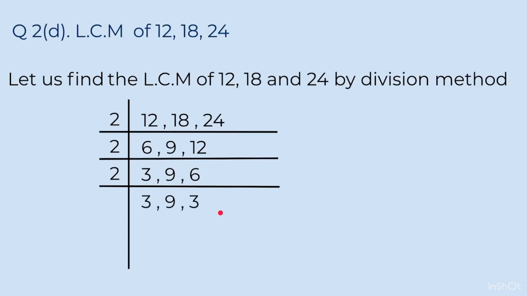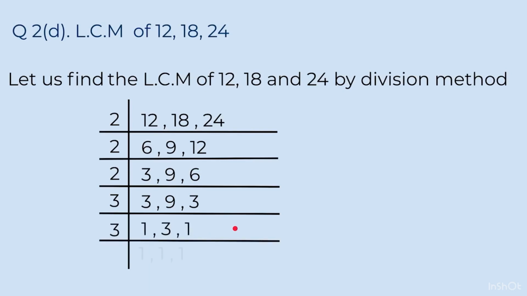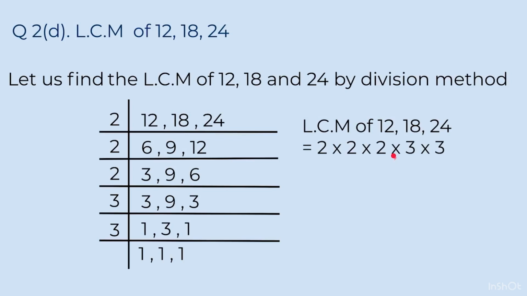Now none of them divide by 2, so we check the next prime number, 3. We get 1, 3 and 3. We again divide by 3 and now we get 1, 1 and 1. So the LCM is the product of all these numbers. LCM of 12, 18, 24 is 2 into 2 into 2 into 3 into 3, which is 72.